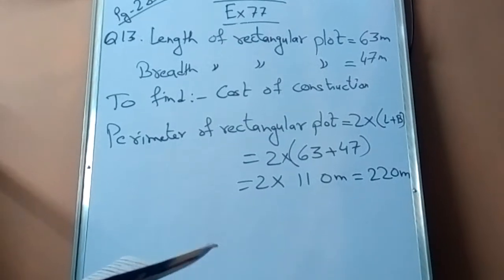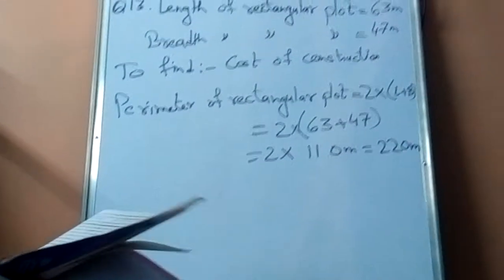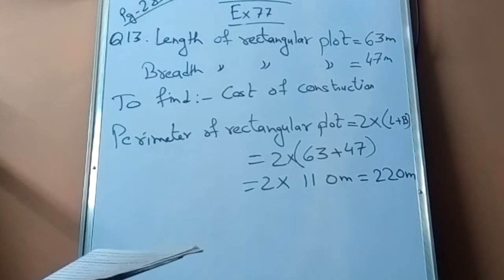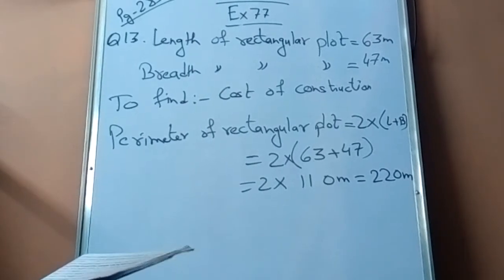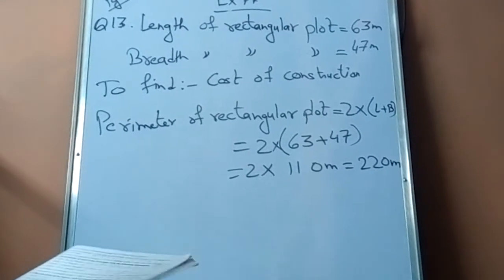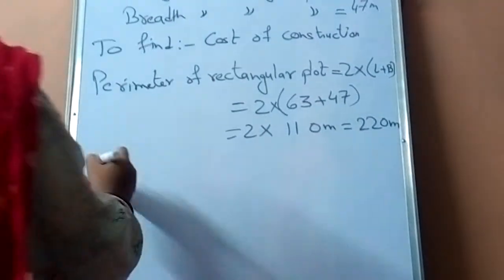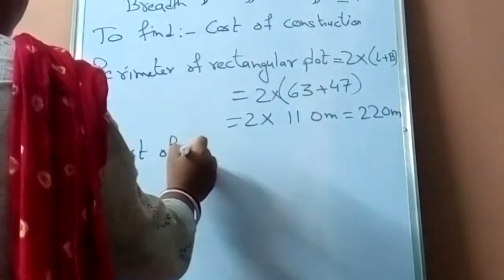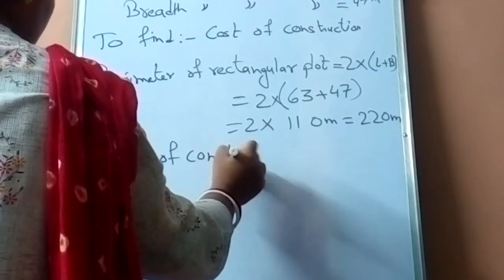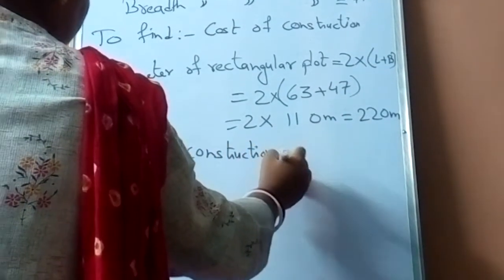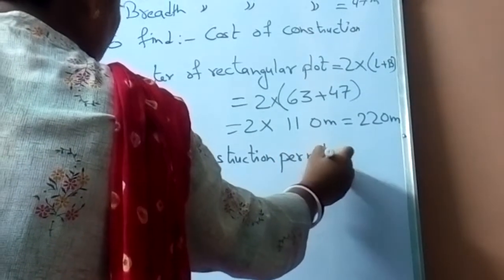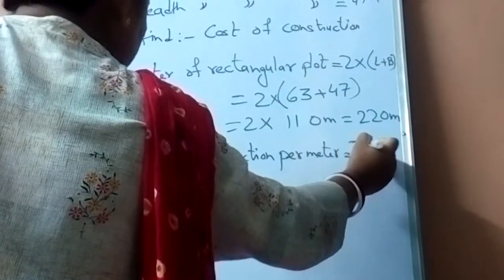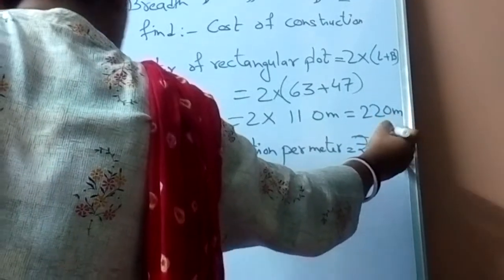Now we have to find how much will be the cost of constructing the wall. Okay. So next statement you will write that since cost of construction per meter is equal to rupees 130.